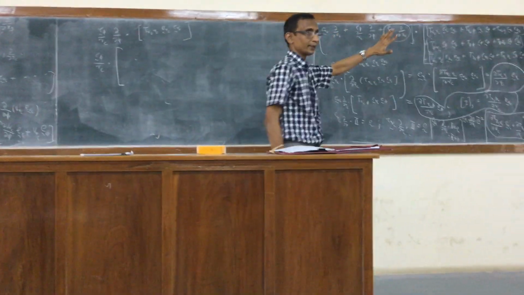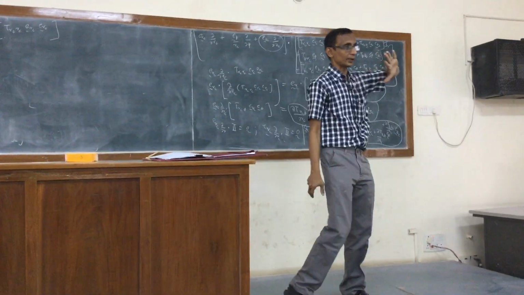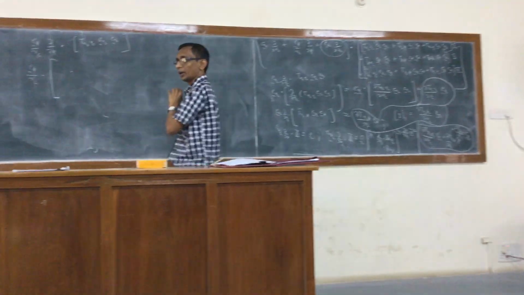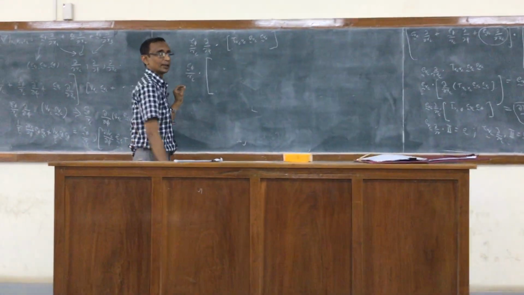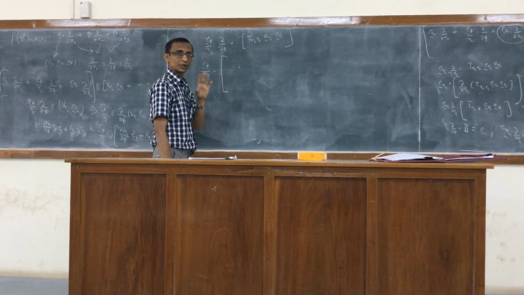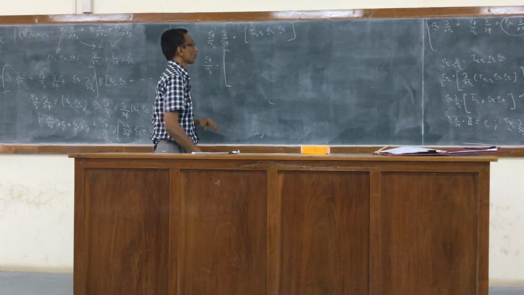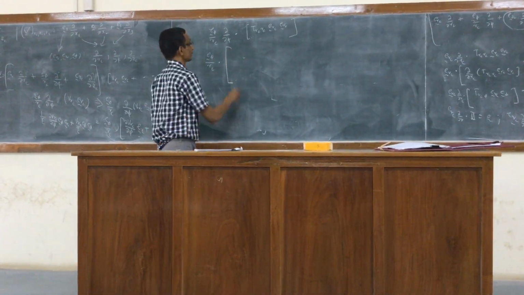There I can write, and because many of them are going to be zero, let me write down the three terms explicitly, and then you can see how to do this operation in general. This is a problem that we will encounter repeatedly.